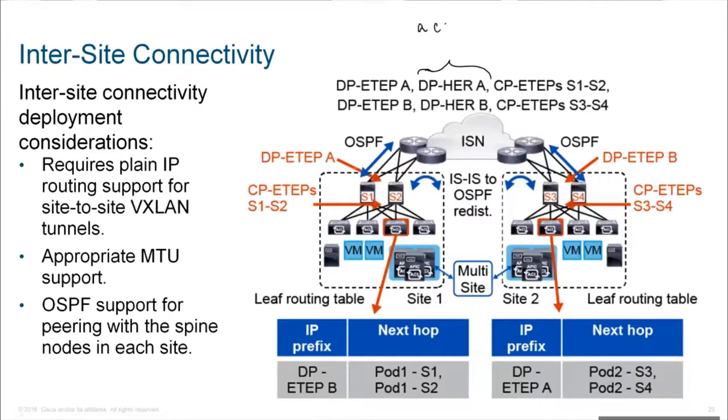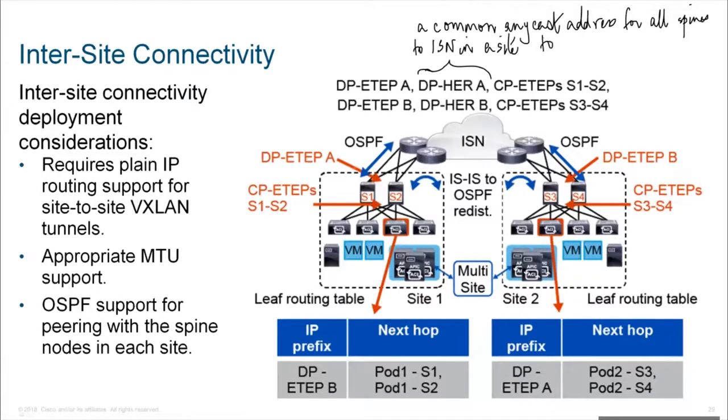That's also a common Anycast address for all spines of the ISN, connecting to the ISN in a site to transport and perform replication for broadcast and multicast traffic across the fabrics.